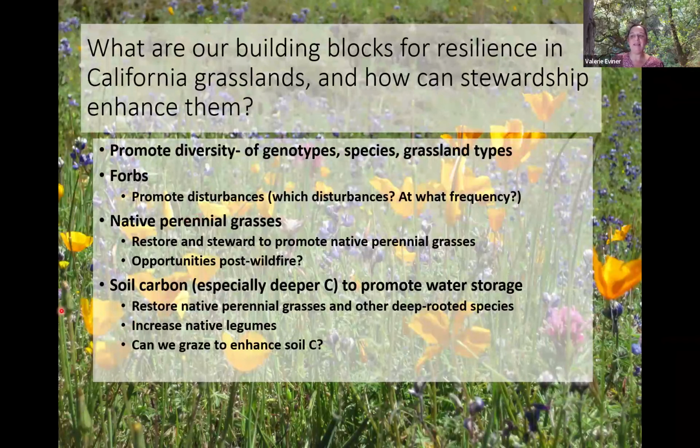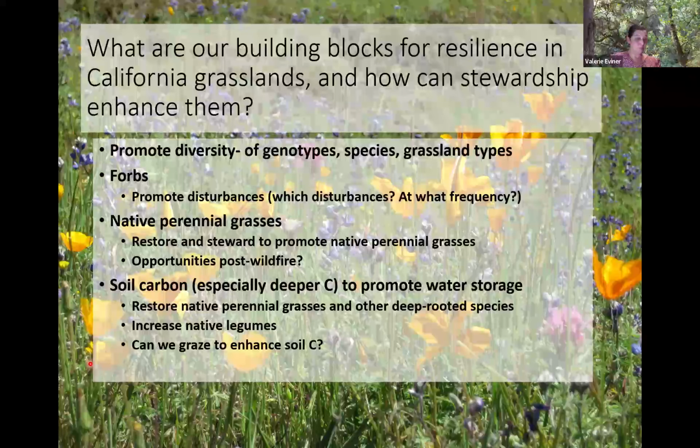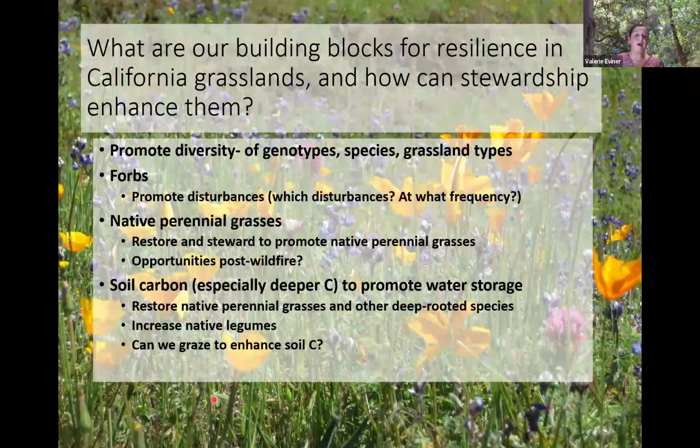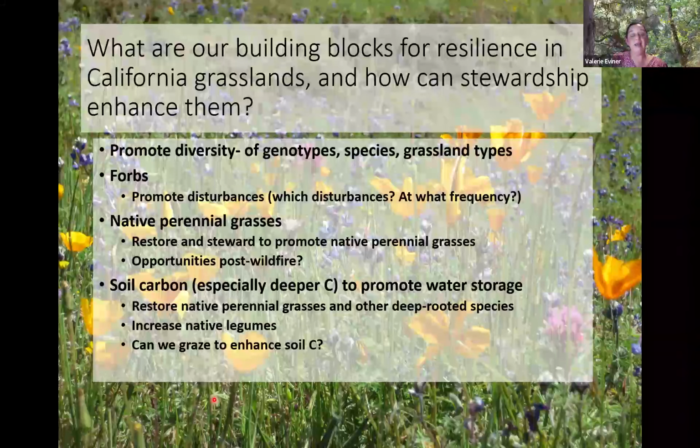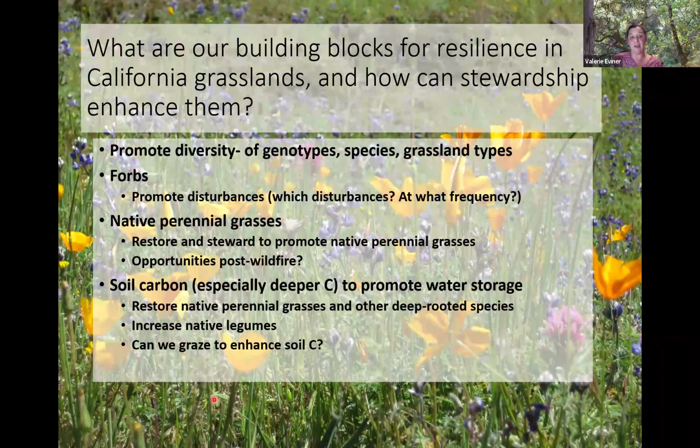And then finally, thinking about soil carbon, especially deeper soil carbon, and using that as a way to promote water storage in our system can be really critical. Definitely our native perennial grasses are doing that through their deep roots. We also see that our native legumes can do it. There's a way that they decompose that actually helps build carbon; we see a buildup of carbon under legumes like lupine and some of our clovers in a much shorter time period than it typically takes to build soil carbon.